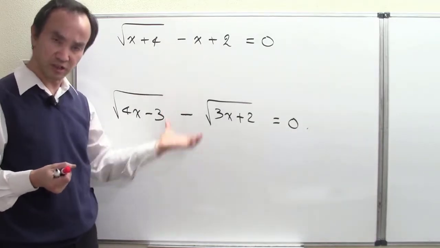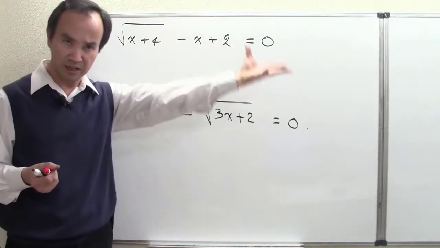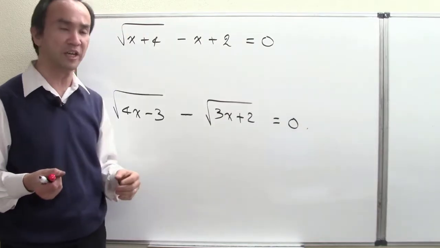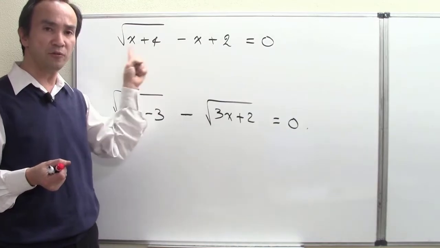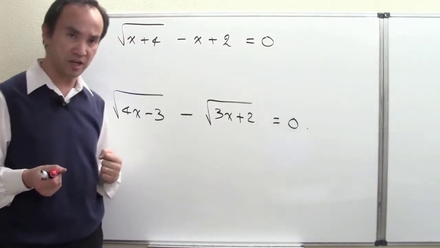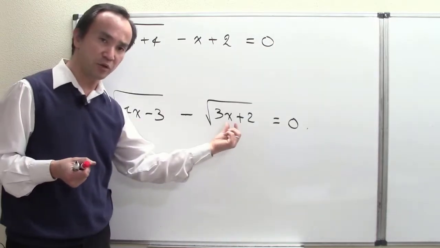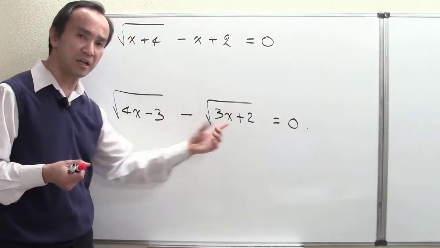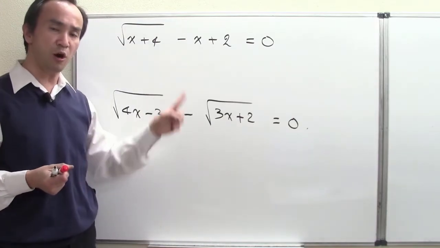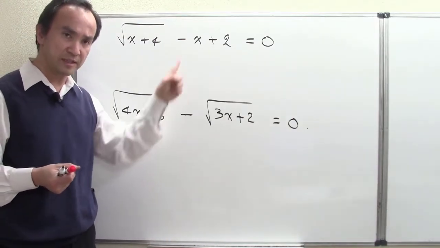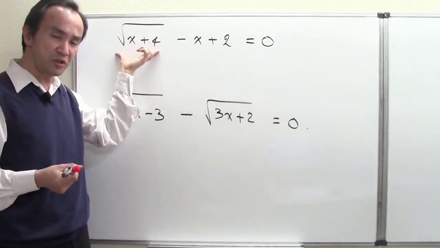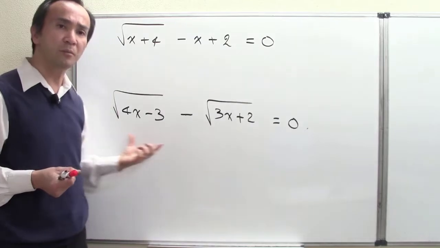Simply, these are equations. Again, we've done a lot of solving equations up to this point. The whole general goal of solving equations is to find the value of the unknown, making the left-hand side equal the right-hand side. But in this case, the reason we call these square root equations is simply because they involve either one square root term or two or even more square root terms.